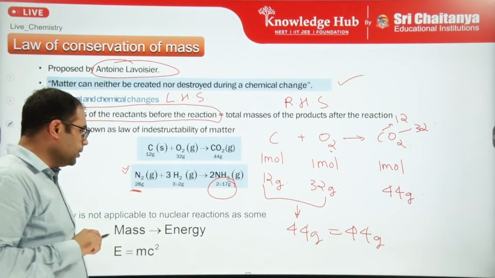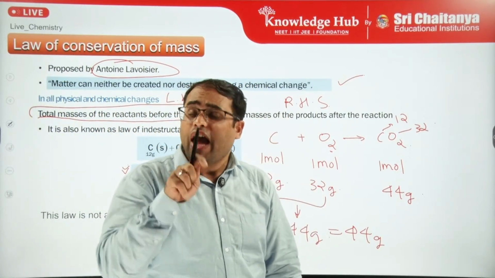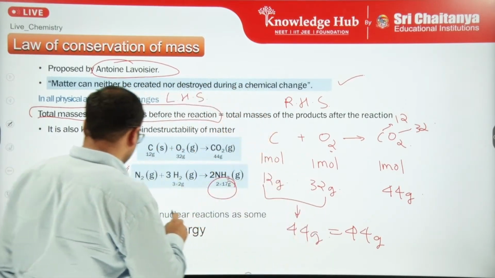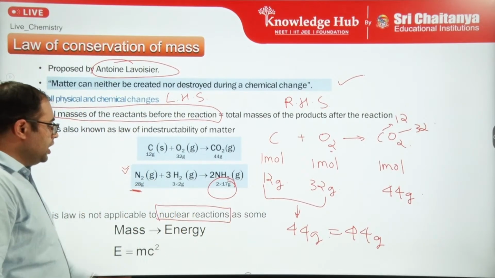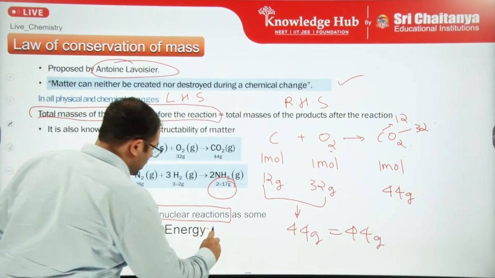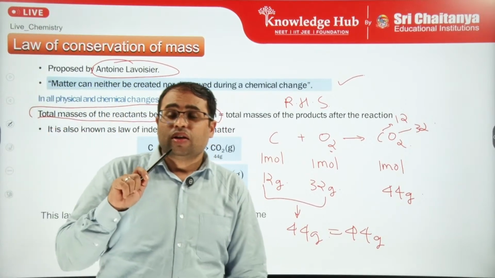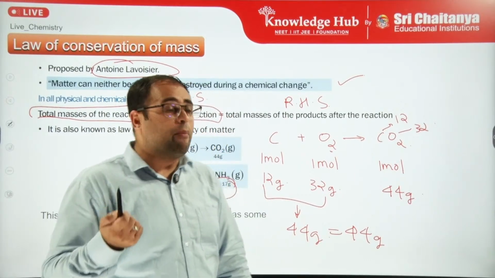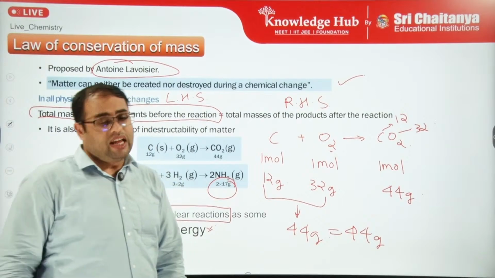So, it is important. Now, one place where this law actually is not applicable is in nuclear reactions. Remember that. In nuclear reactions, sometimes mass is converted into energy, and in those reactions the conservation of mass is not followed. It may happen that on this side you have 14 grams and on this side you have 10 grams.